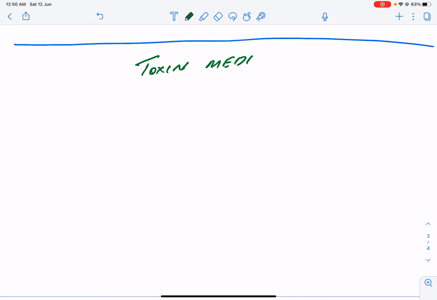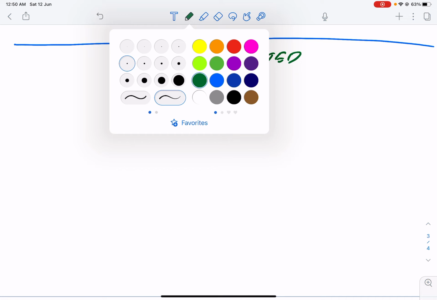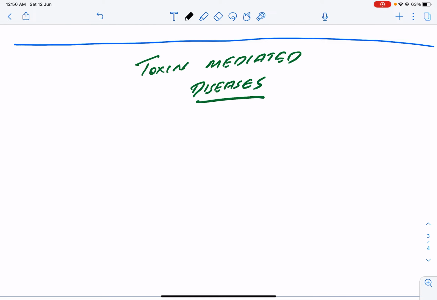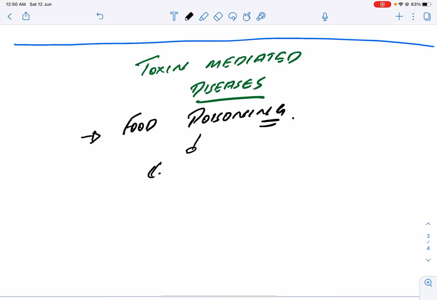So what we have to know from here, toxin mediated diseases. First one, they will cause us food poisoning, mainly from contaminated meat and milk.